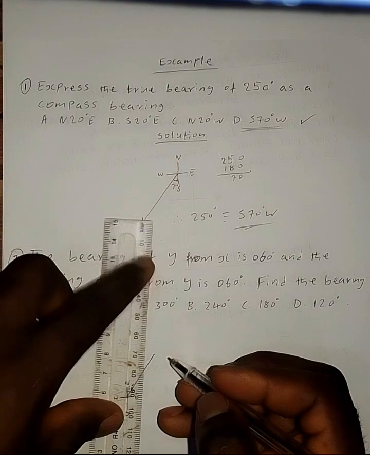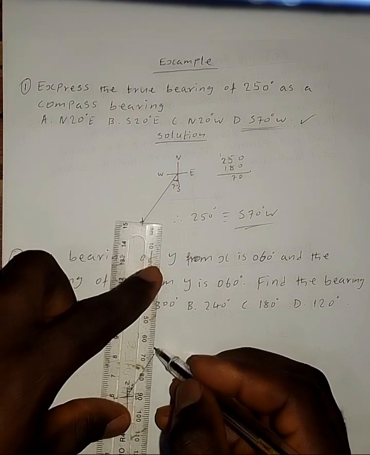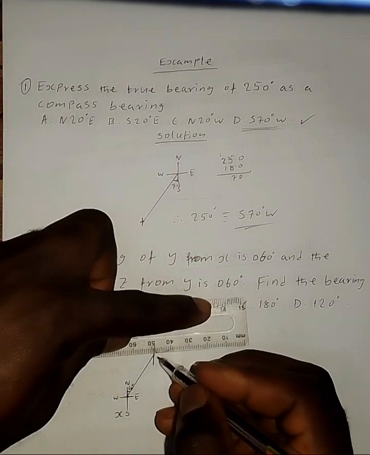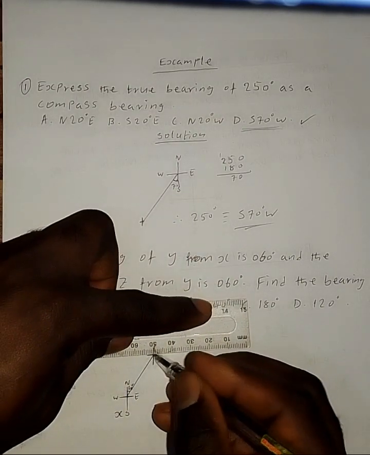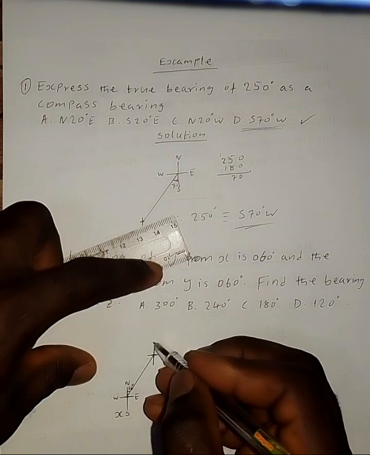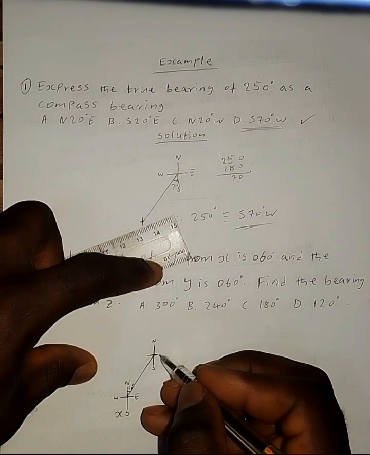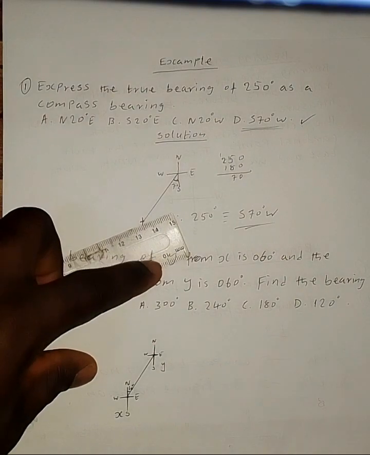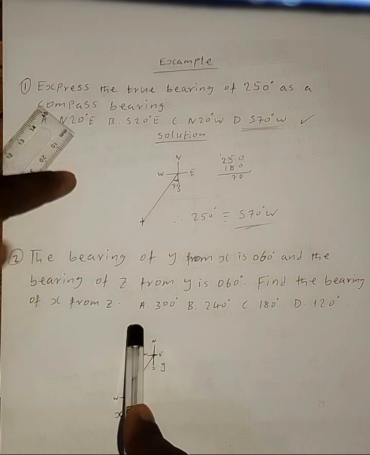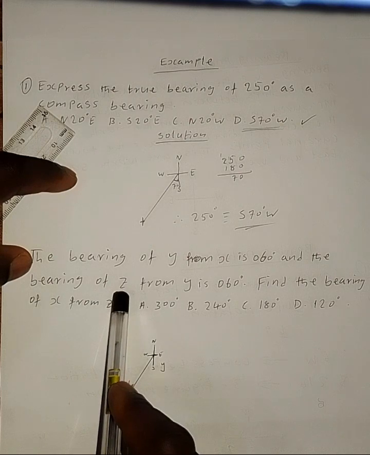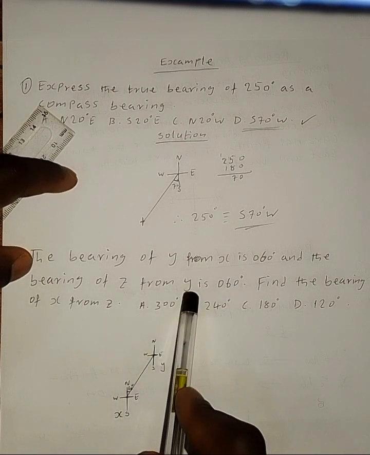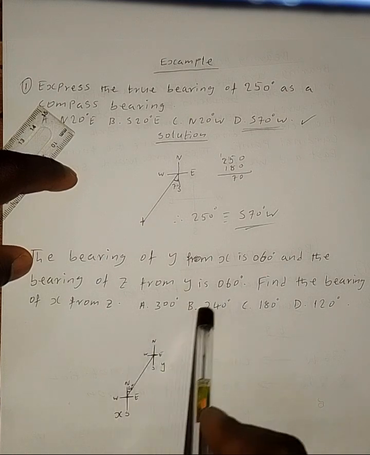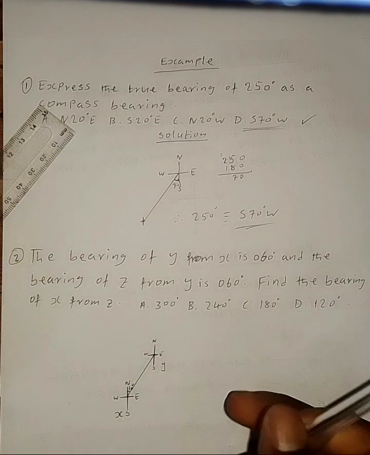So you draw another four cardinal points for point y: north, south, east, and west, and this is my point y. Another point z is 60 degrees from y. From this y, locate 60 degrees, you draw another line and label z.